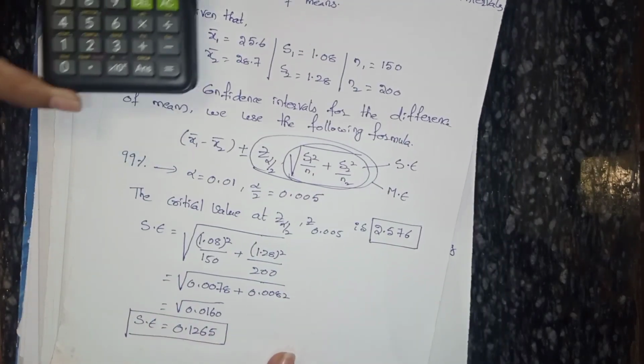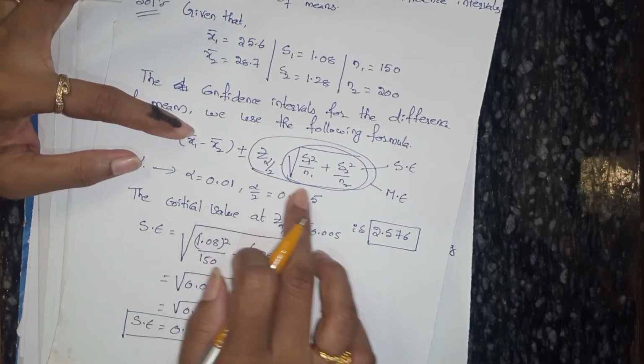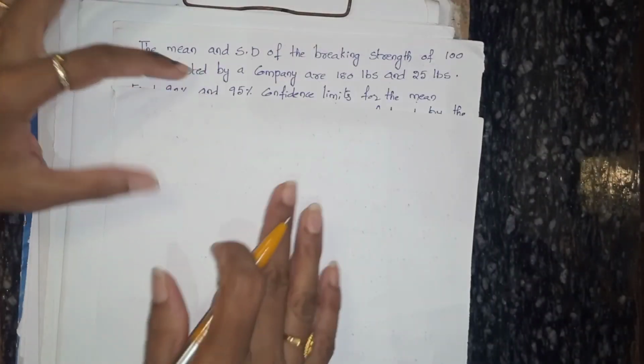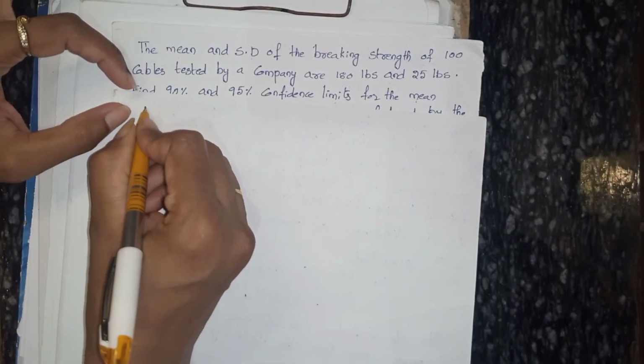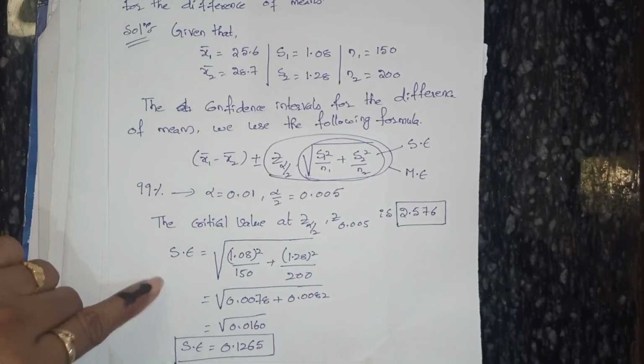Now what do we have to calculate? The maximum error, the margin of error. The formula of margin of error is Z alpha by 2 into SE.